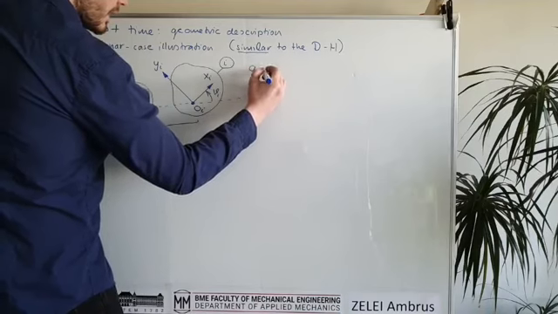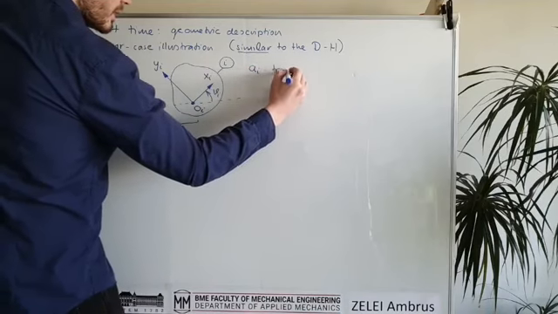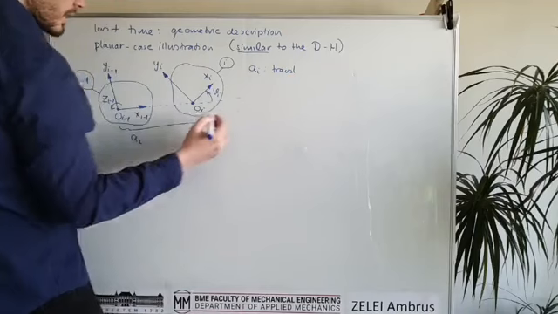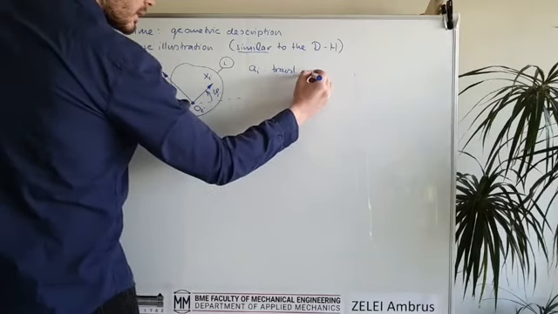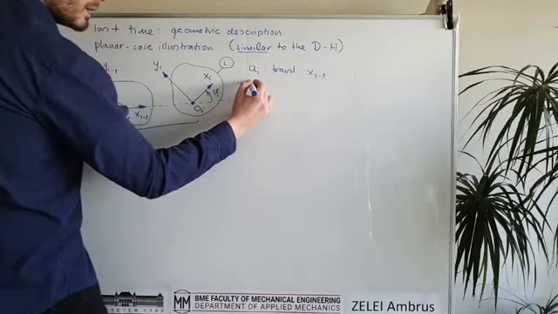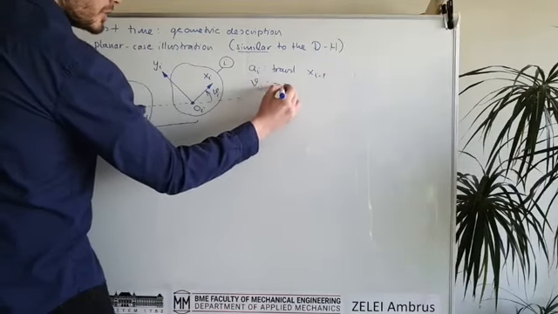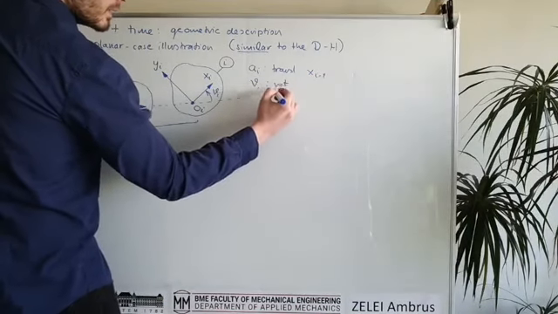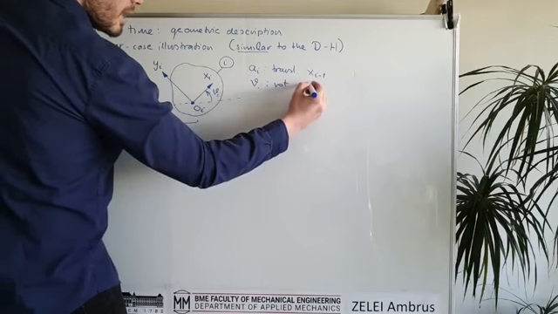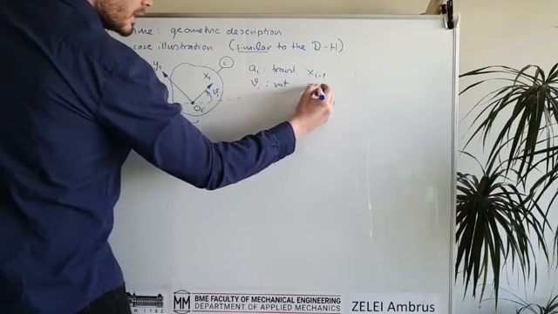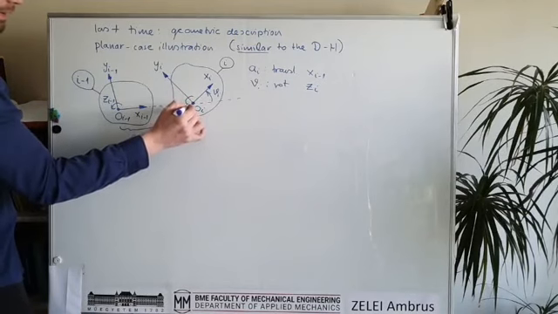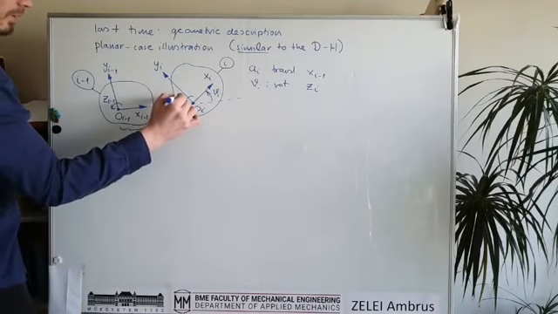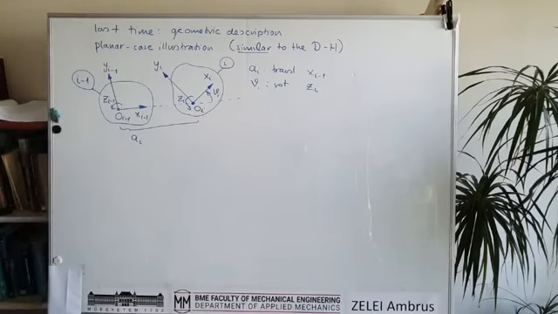And as we can see, a_i is a translation along axis x_(i-1), and theta_i is a rotation about axis z_i, which is not shown yet, but now it's okay.